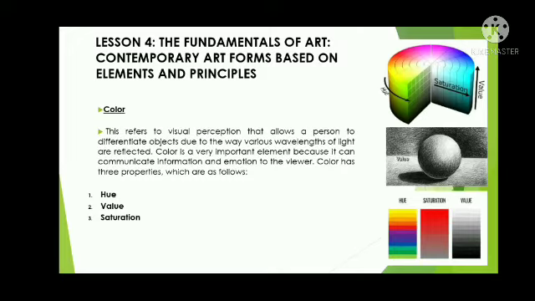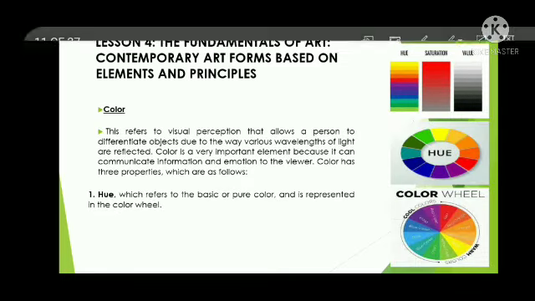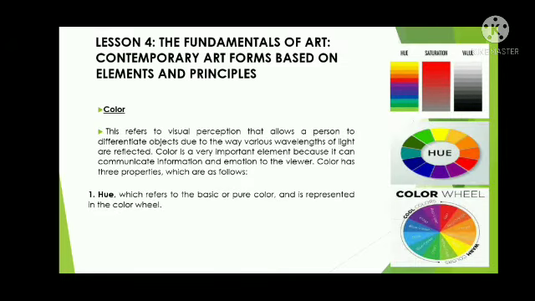It simply means that every color corresponds to a particular meaning and emotion. Color has three properties, which are as follows. So we have the hue, the value, and the saturation. Okay, so the first one we have the hue. So when we say hue, it refers to the basic or pure color and is represented in the color wheel.